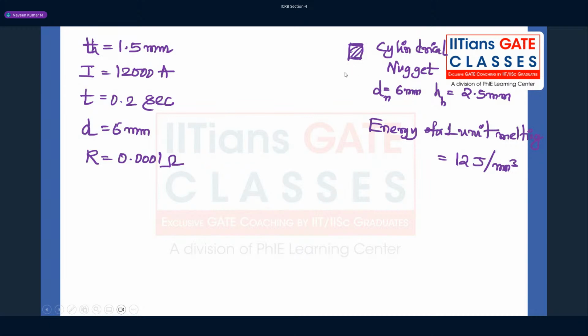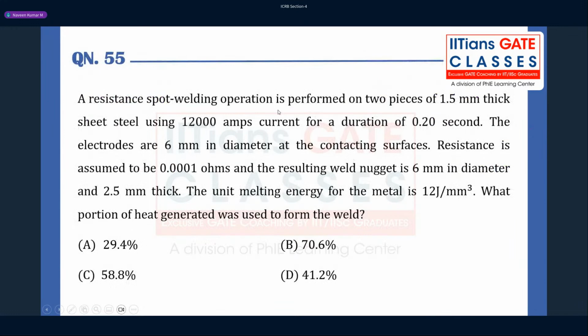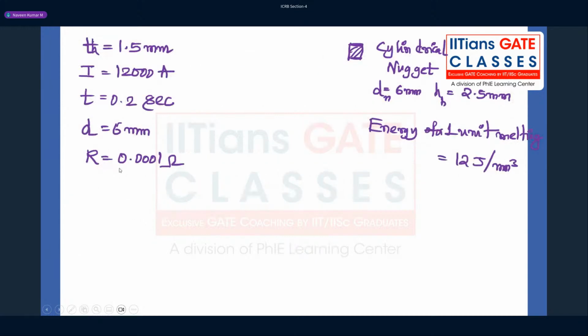But input and output will be different. So the input is the energy of 1 unit melting, 12 joule per mm. And what is the input you have given? Heat is generated because of I square RT, joule heating. Let's make some differentiation, as I might be confusing you.